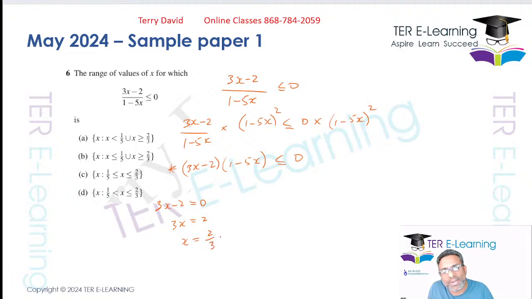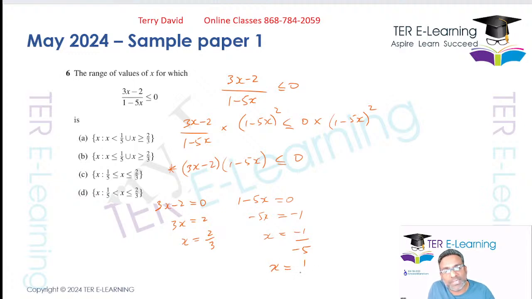We need these values in order to come up with the inequality. Next one is 1 minus 5x equal to 0, and therefore negative 5x is equal to negative 1, and therefore x is negative 1 over negative 5. So therefore x is equal to 1/5, right?